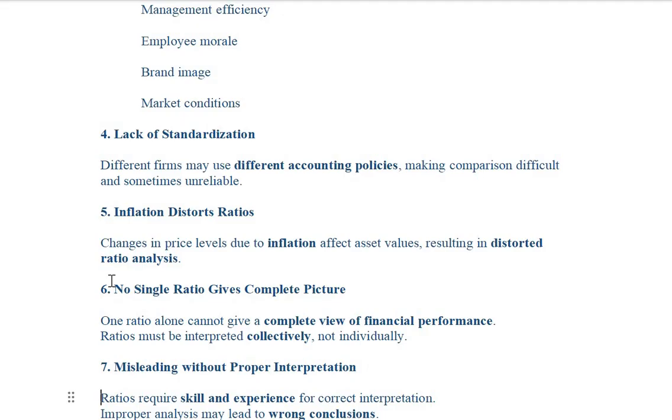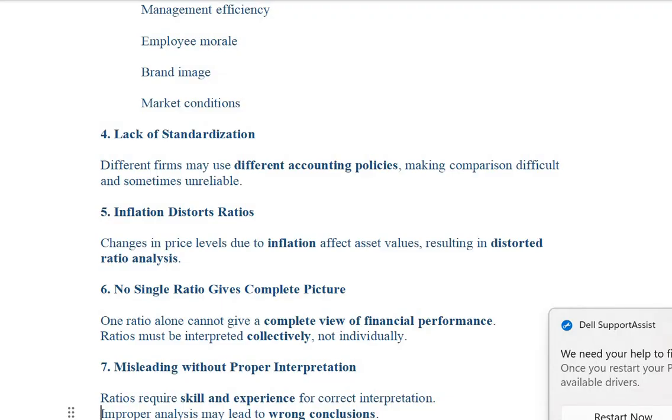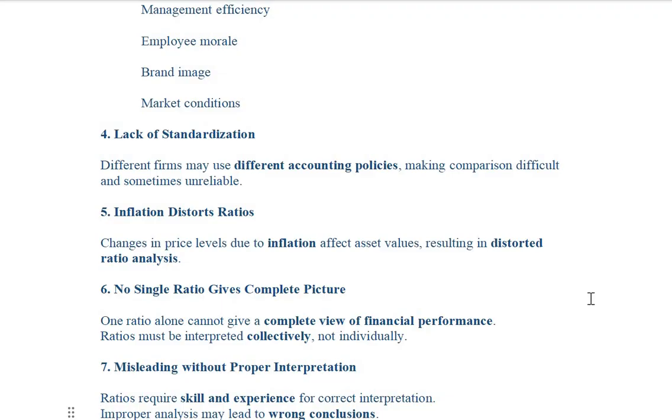The next disadvantage is that no single ratio gives a complete picture. When calculating ratios, we are calculating the financial performance of the company through profitability ratios, turnover ratios, and solvency ratios. A single ratio will not give a true picture of the overall business.